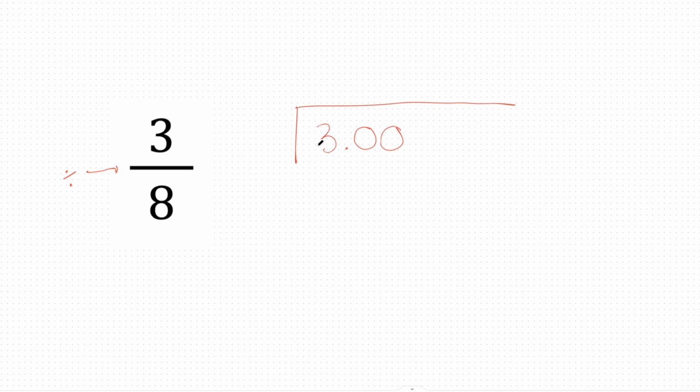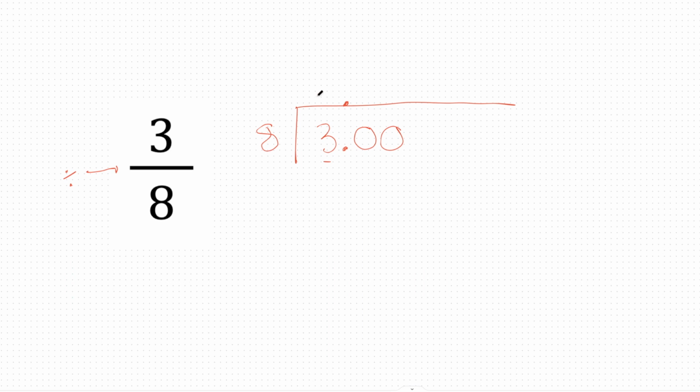By the way, this 3 is called the dividend. Then the 8 goes on the outside, and that's called the divisor. Now, the first thing you want to do is bring the decimal point straight up, just like this.